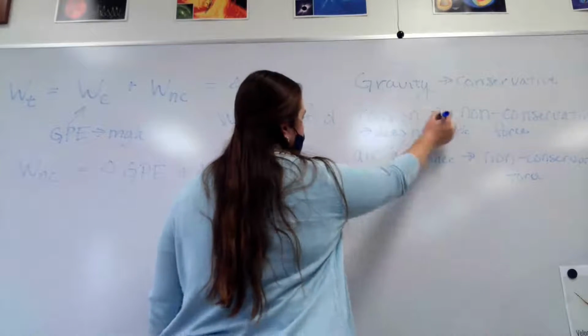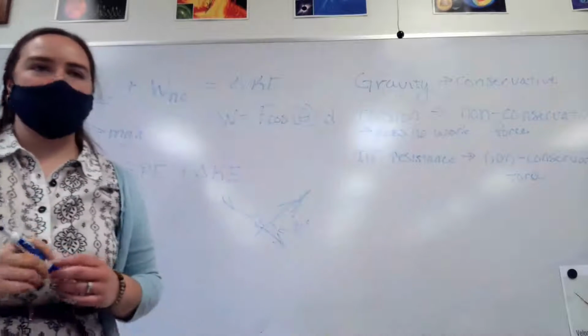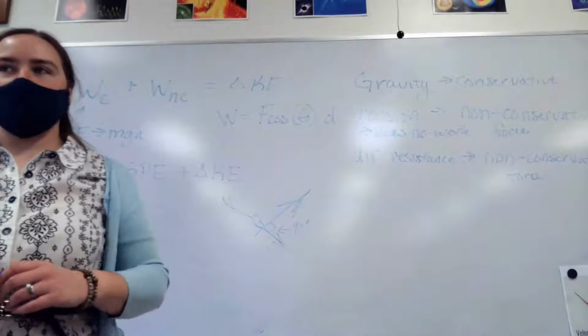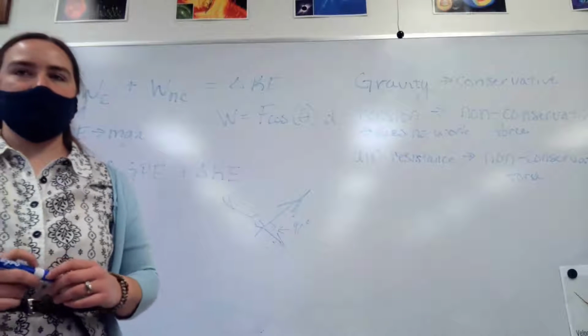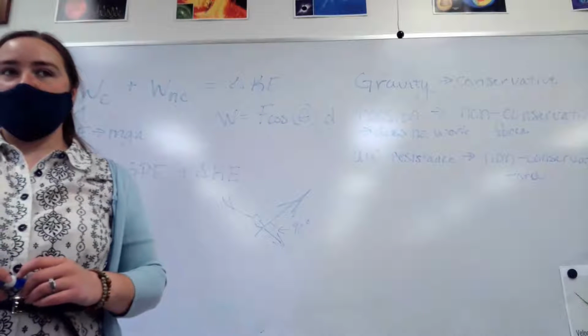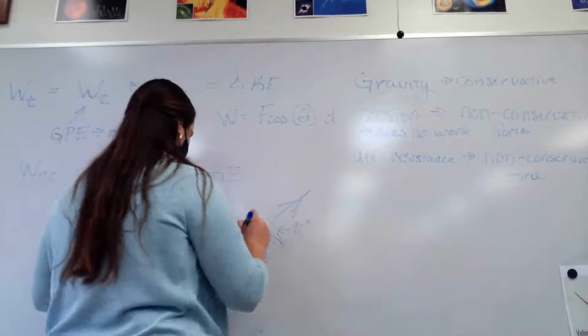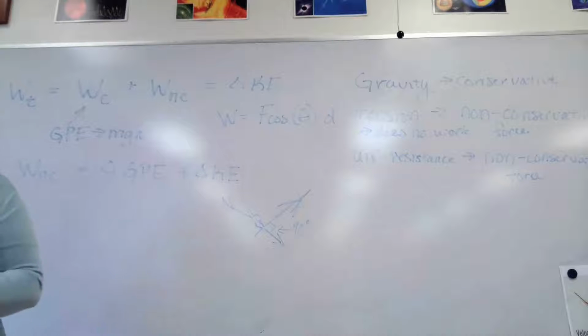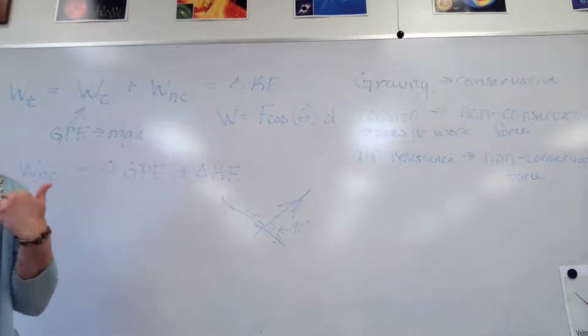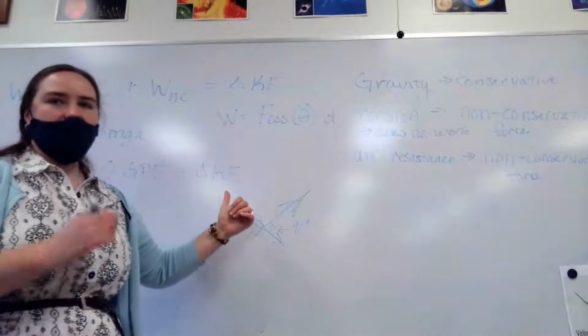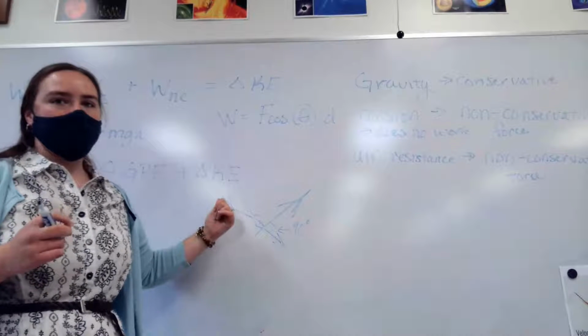So we really don't have to worry about tension much. Okay? What about air resistance? What direction is air resistance going to go? It's going to go opposite your motion. Okay? So here, we've got a force that's going 180 degrees or the negative direction here.